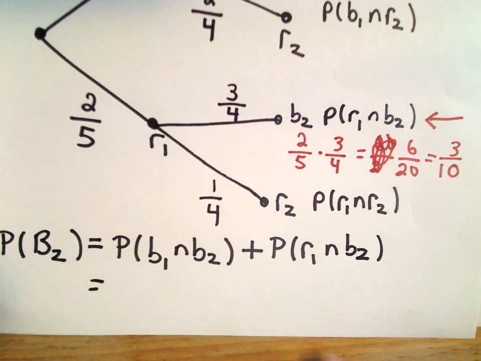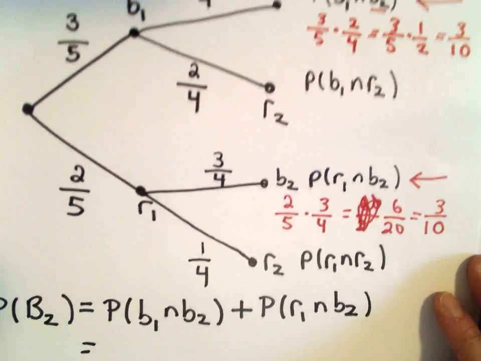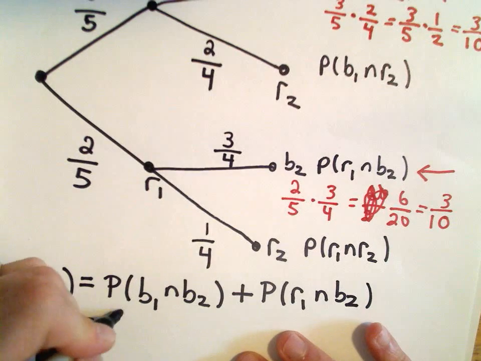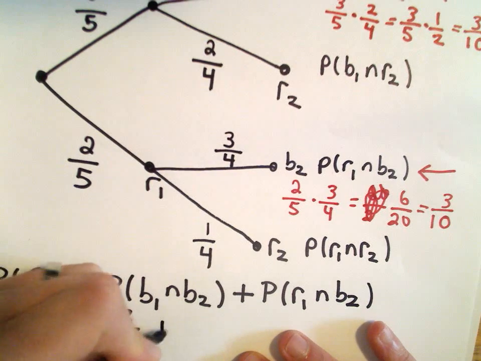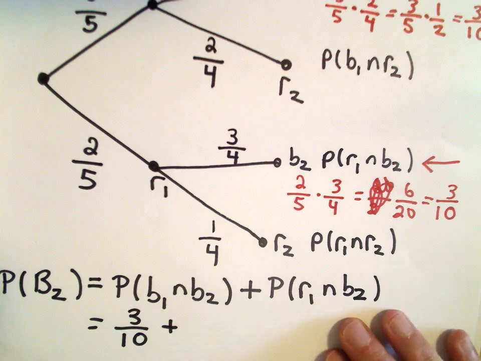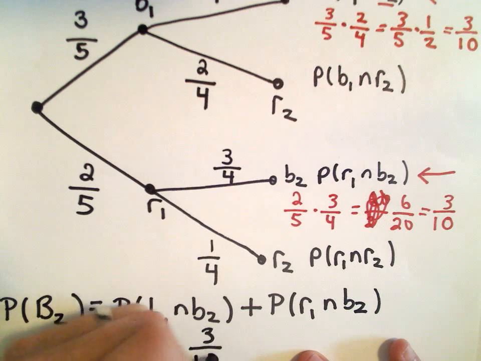But again, we now have those probabilities. We just computed those. The probability of getting a black one on the first draw and a black one on the second draw is 3 over 10. And the probability of getting a red one on the first draw and a black one on the second draw also turned out to be 3 out of 10.